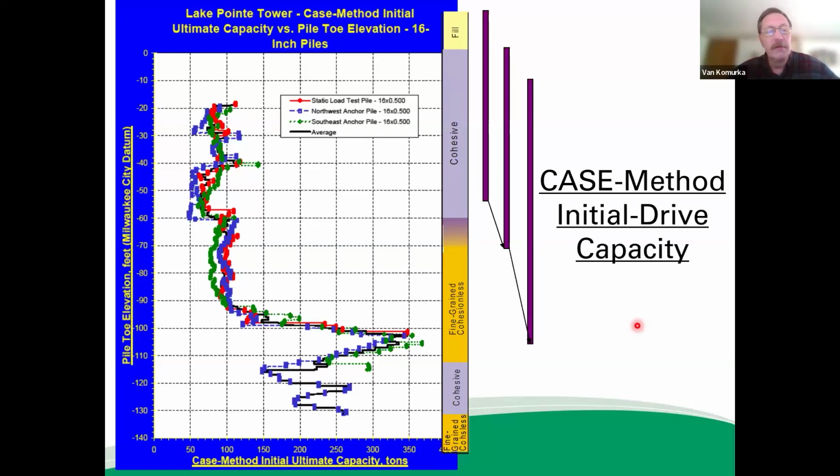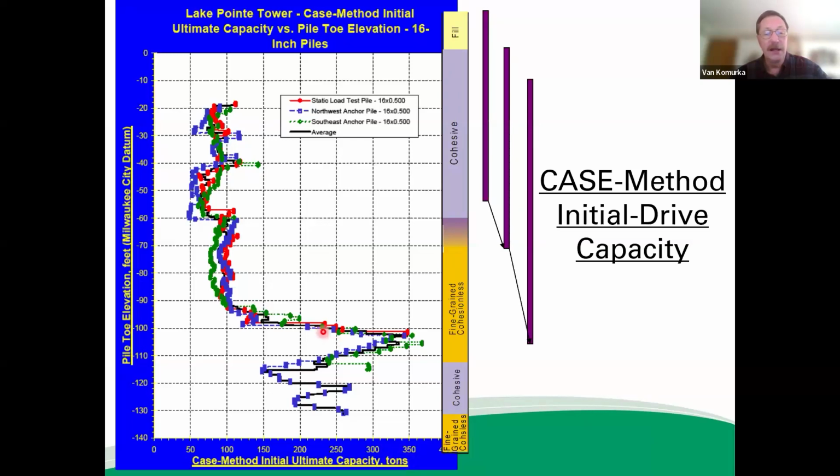The Case method with the pile driving analyzer gives us an estimated capacity for every foot of driving. And so this is a more readily comparable or direct output, if you will, of the driving response rather than stroke. So here we have, again, on the vertical axis, pile toe elevation. On the horizontal axis, now we have initial capacity at those various toe elevations during driving.